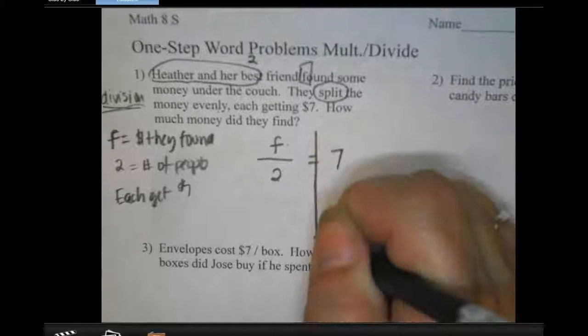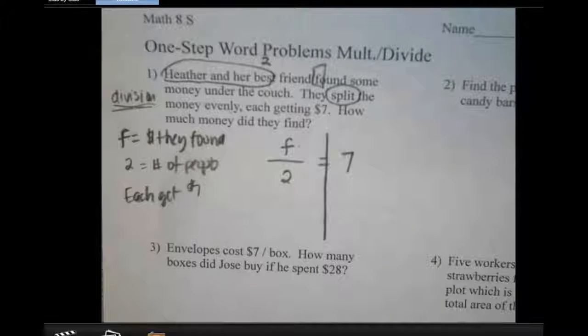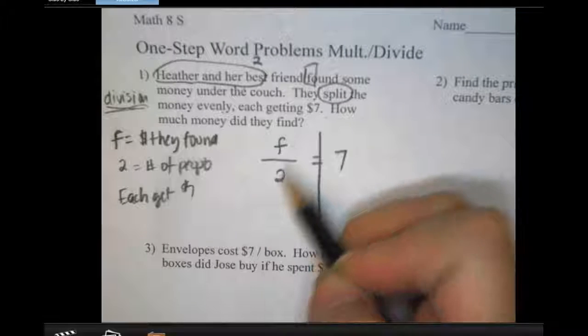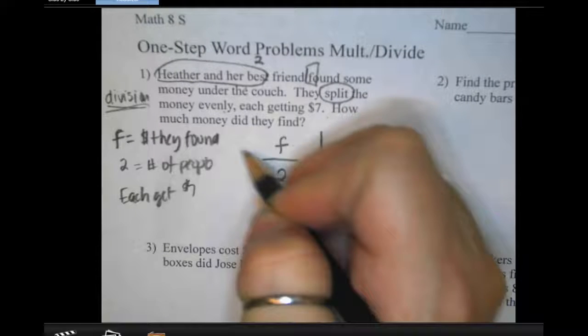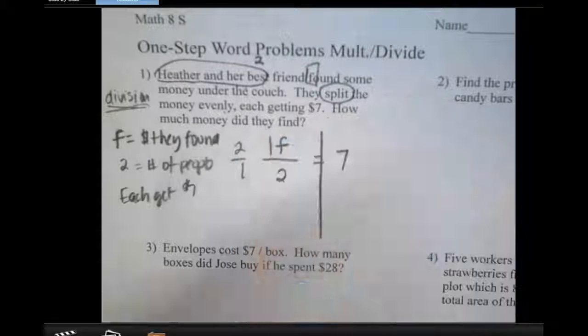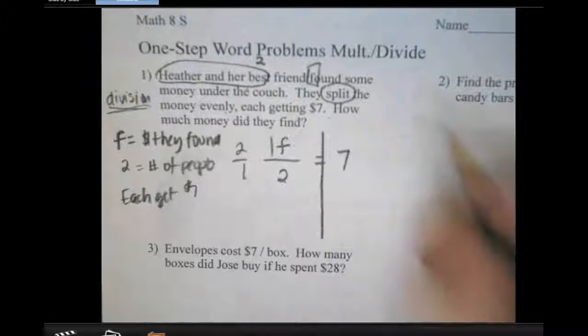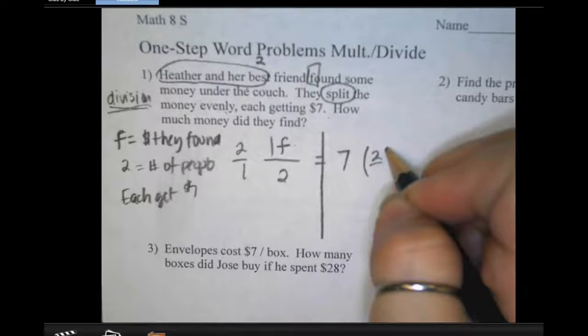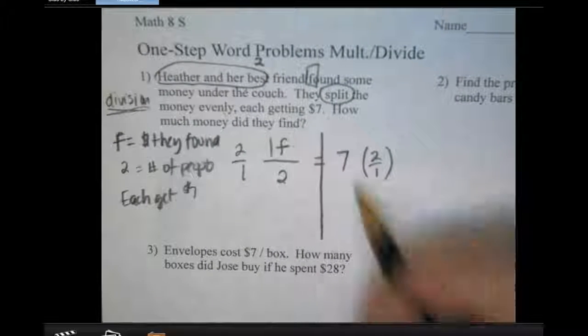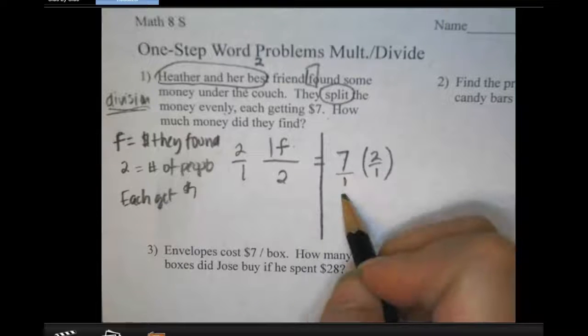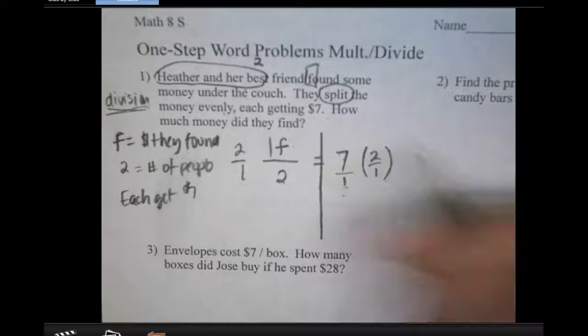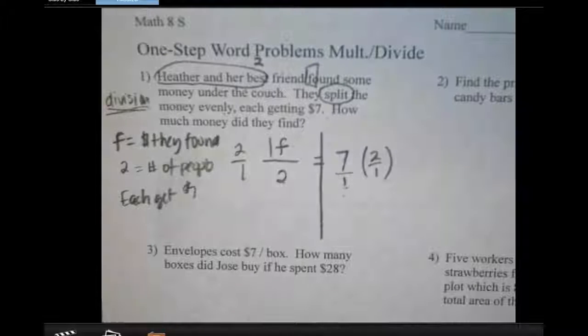And then we go ahead and solve it. Right? So remember, we can multiply by the reciprocal of 2 over 1, right? Because there's a 1 in front of F. We're going to do the same thing for the other side. If I turn 7 into a fraction, I put it over 1. So I can just disregard those 1s because anything over 1 is going to be its answer.